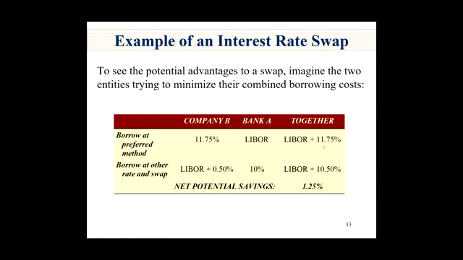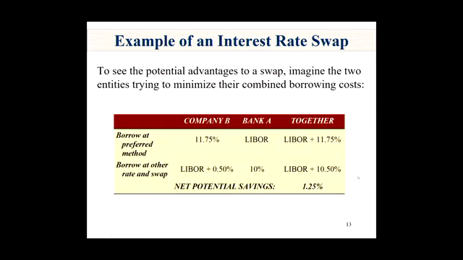So together they will borrow at LIBOR plus 11.75. If they borrowed in the way they did not want to borrow, B would borrow at LIBOR plus 0.5 and A would borrow at 10%. So together they would borrow at LIBOR plus 10.5.